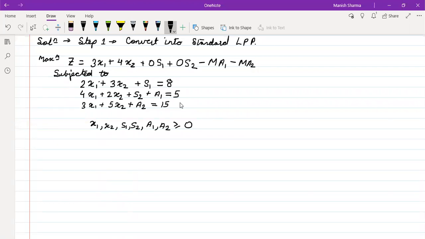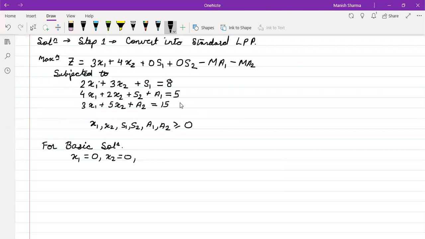solution. What we did is we gave our decision variables as 0, and then we found the value for the remaining variables. Similarly, here also for the basic solution, we are going to keep x1 equal to 0, x2 equal to 0.